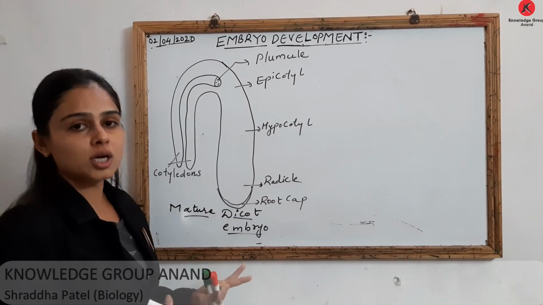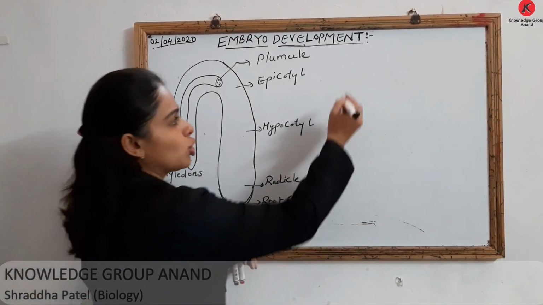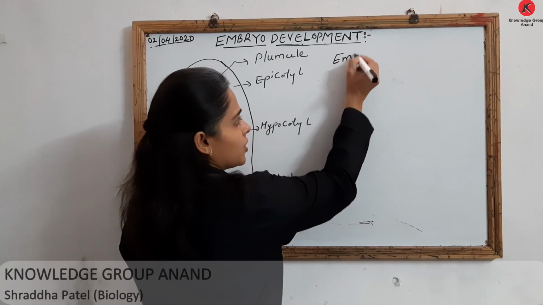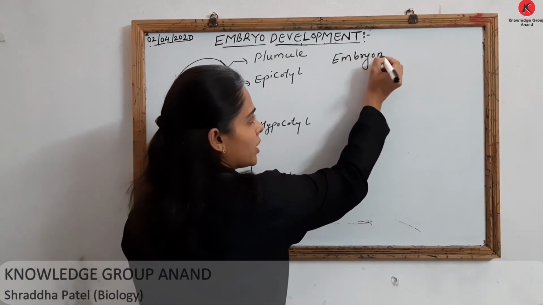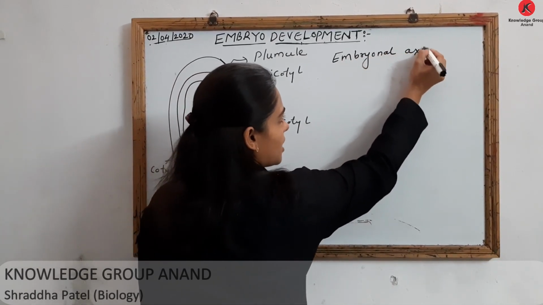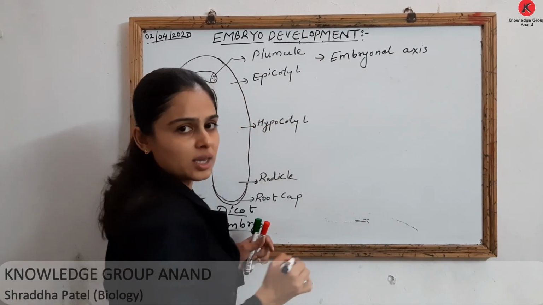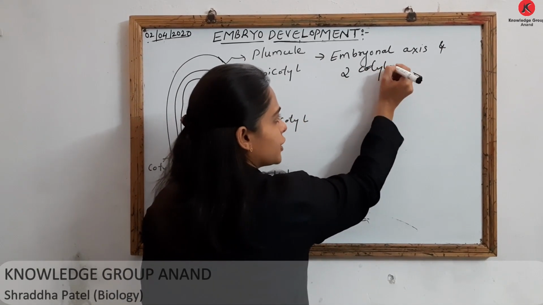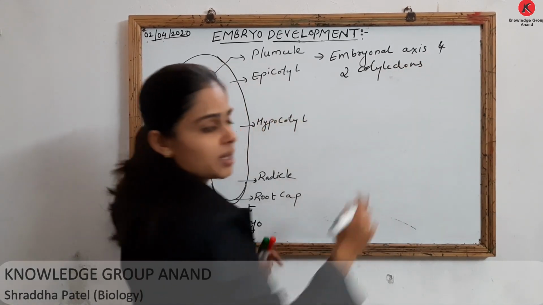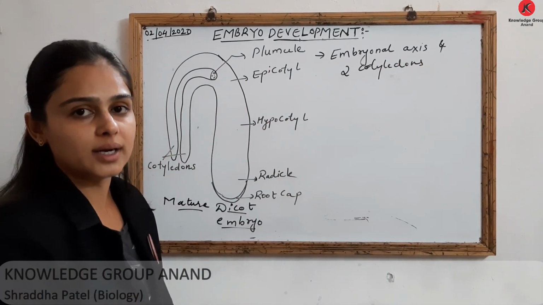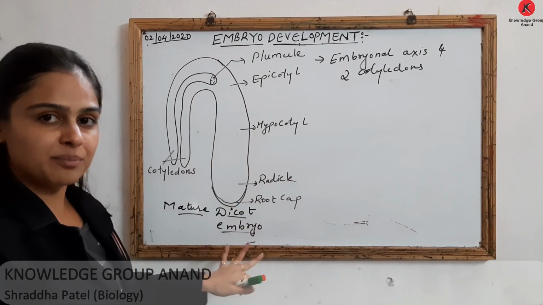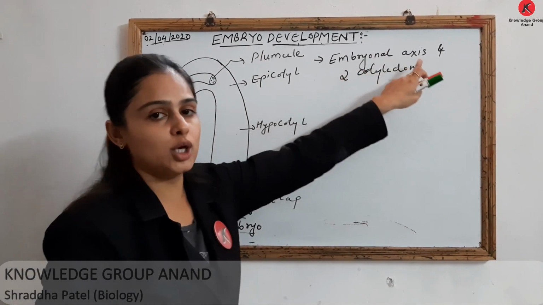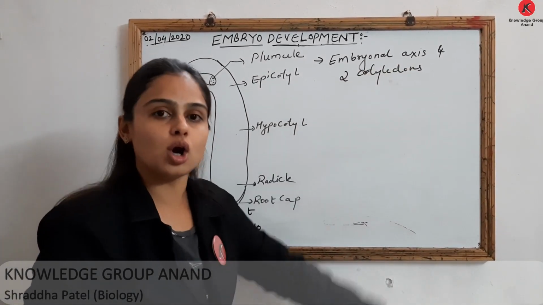Now if you are talking about this dicot embryo, it consists of embryonal axis, and of course it is having two cotyledons. So a dicot embryo consists of embryonal axis and two cotyledons.